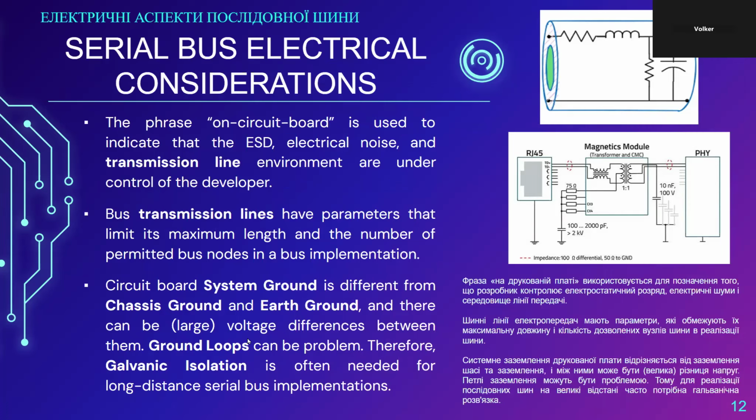These buses do not have error corrections. They don't have any error detection mechanisms, simply because they expect that they will be deployed on circuit boards where the developer is in charge of making sure that no noise, no electrostatic damage or problems can occur.